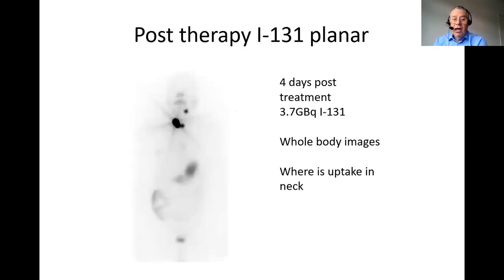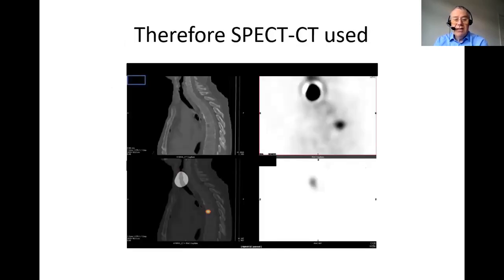So this is an example of a patient who was scanned 4 days after treatment with 3.7 gigabecquerels of iodine-131. All you can really see is neck uptake. And this is a patient, again, from Cambridge. So we did a SPECT-CT. And yes, indeed, there was uptake in the thyroid bed. But very carefully, we could see there was a little dot in the posterior part of the thorax.